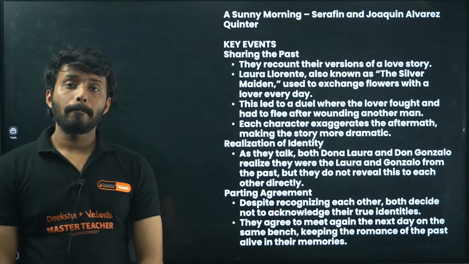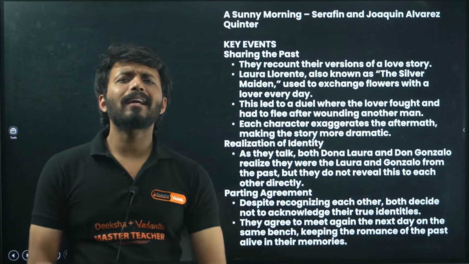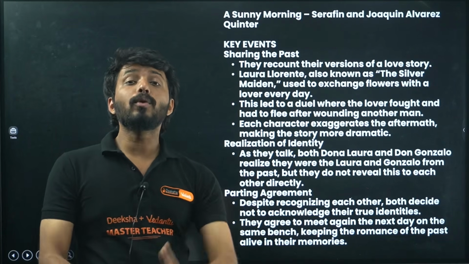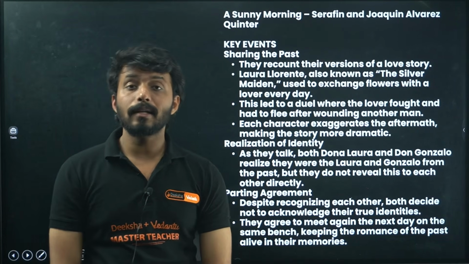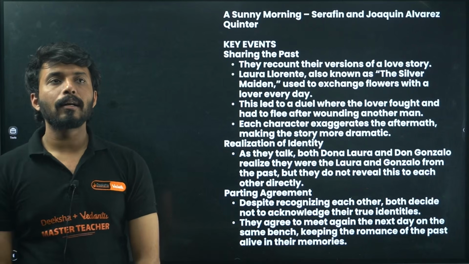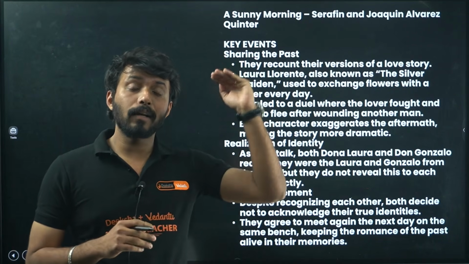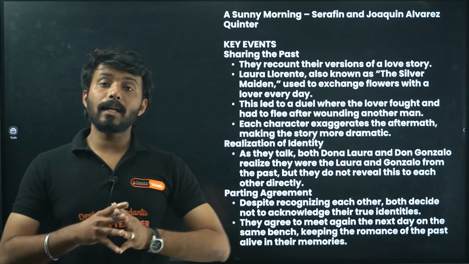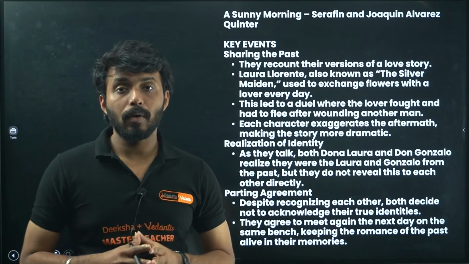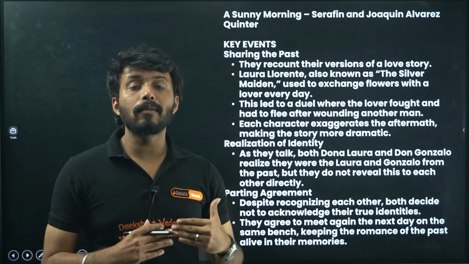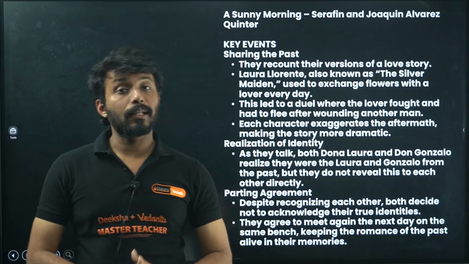Maybe because they do not want to make the situation a little bit awkward, or maybe in future they would reveal their identities to each other. But as I said earlier, they also felt that the other person had a significant amount of respect and adoration for them in their youth, when they were very charming and good looking. So they did not want to reveal themselves and destroy that impression that the other person had.